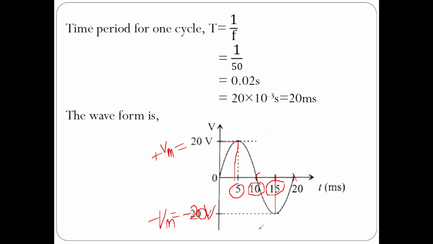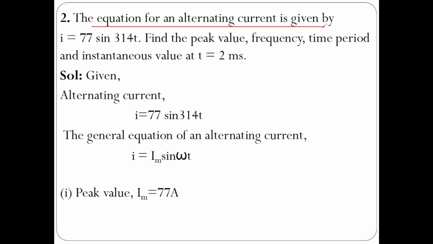Next question: the equation of an alternating current is given, I equal to 77 sin 314 t. Find the peak value of current, that is Im, the frequency f, the time period capital T, and the instantaneous value at t equal to 2 milliseconds.